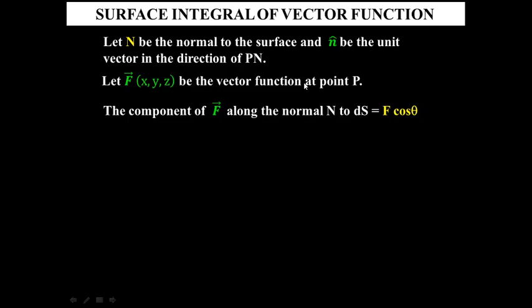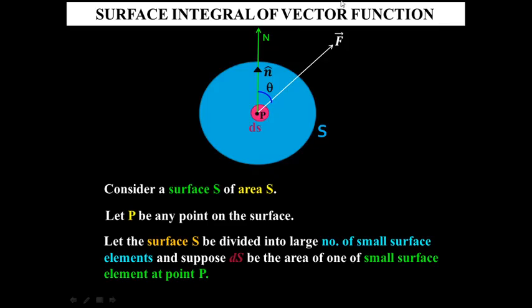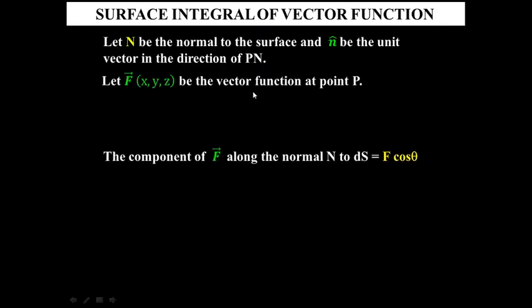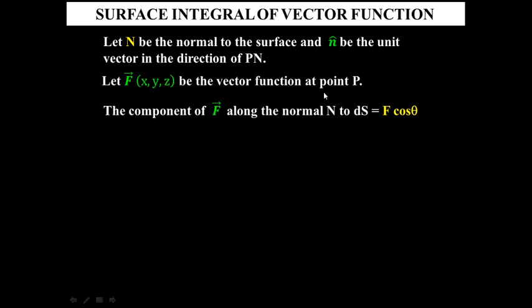Now the component of f along the normal to dS is f cos theta, the component of f resolved along the normal, because the adjacent component is cos theta and the perpendicular component is sin theta.